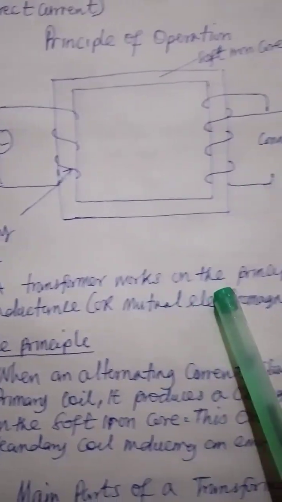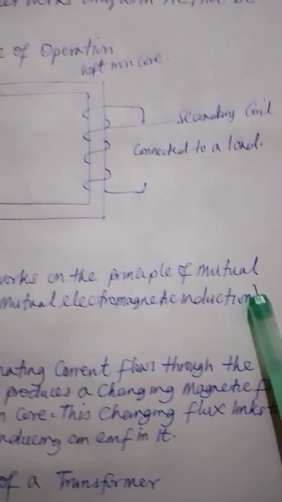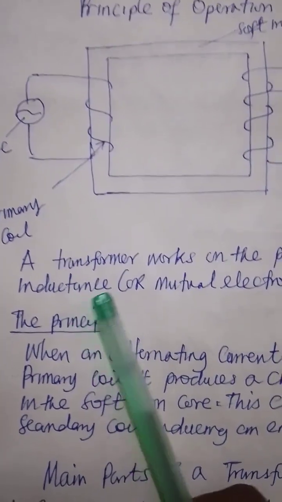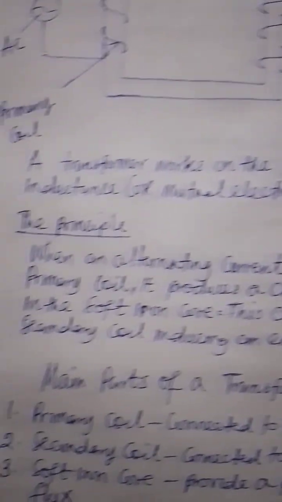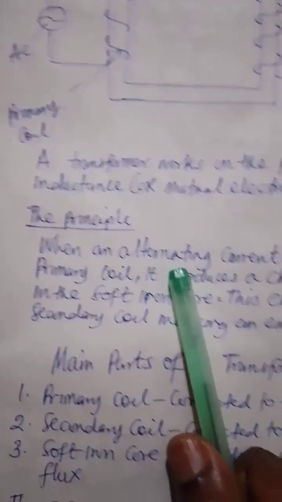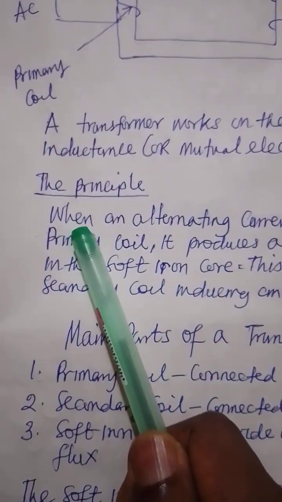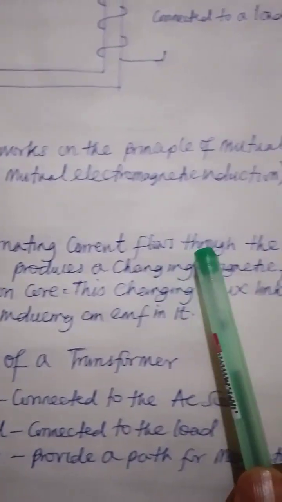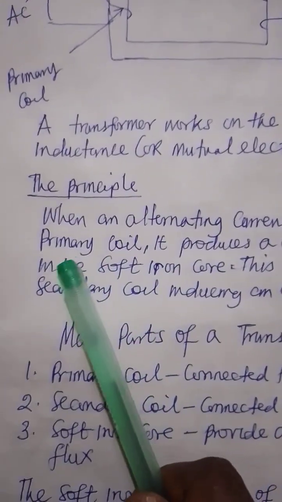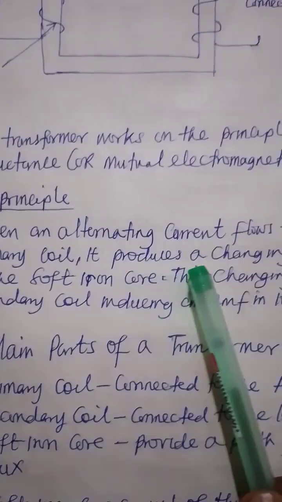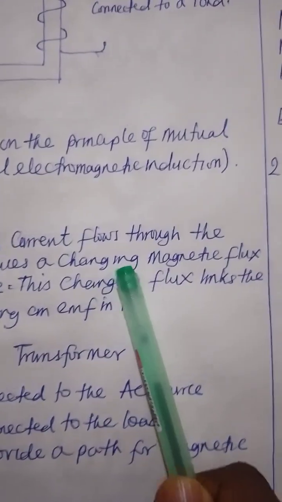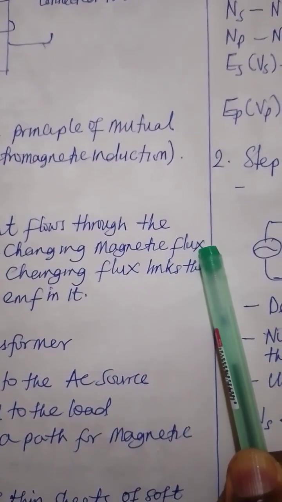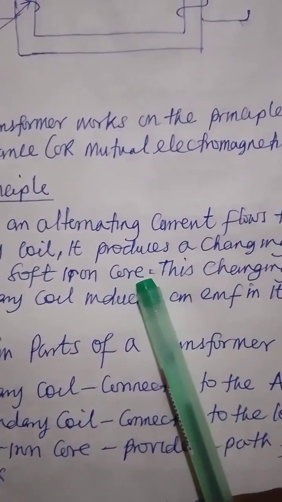A transformer works on the principle of mutual inductance, or what we call mutual electromagnetic induction. Now let's see the principle. What's the mode of operation? The principle: when an alternating current flows through the primary coil, it produces a changing magnetic flux, magnetic lines of force, magnetic field lines in the soft iron core.